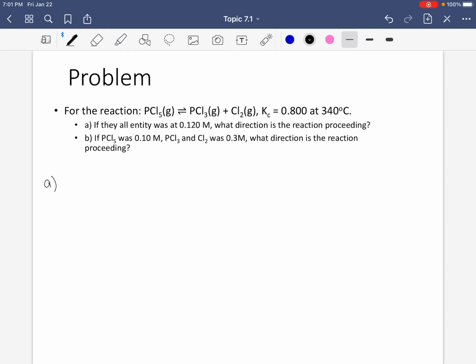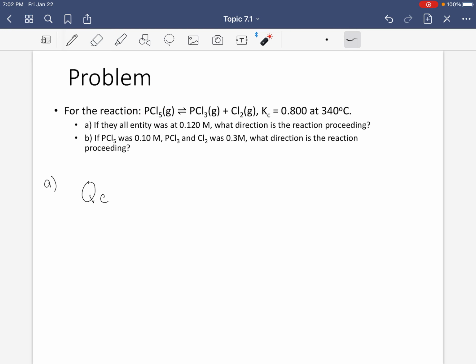Now, the question never says if this is the beginning. The question never says if this is at equilibrium. It's just that at this time, all of these entities are 0.12.